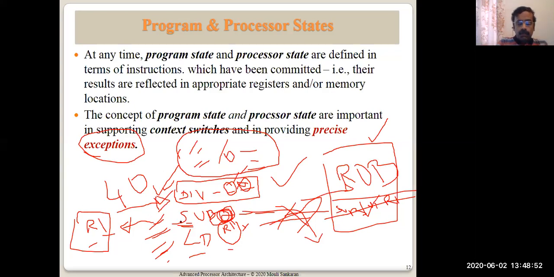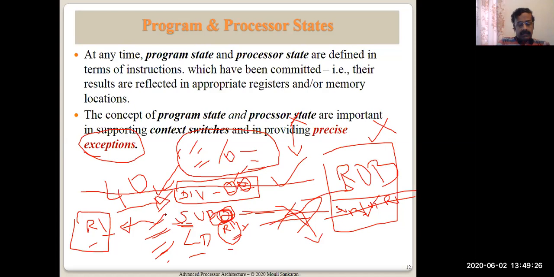That means if I don't have a ROB, what I would have done, if subtract was completed prior to division, R1 was written, I would have written the result into R1. Now, if the exception happens in div, R1 is not going to have the value it was supposed to have. Prior to the execution of div, whatever was the value of R1, that should have been there in R1, not the value which was computed after the division.